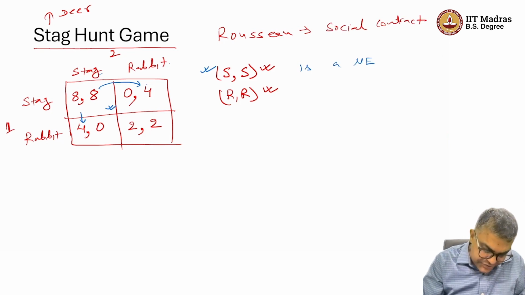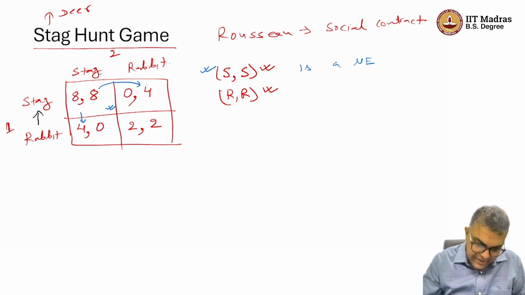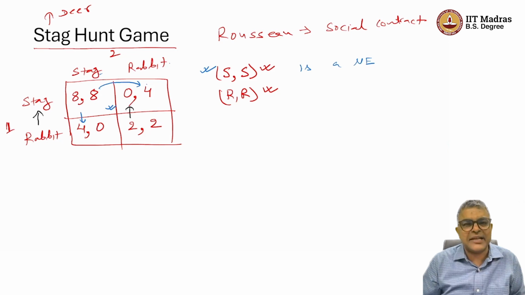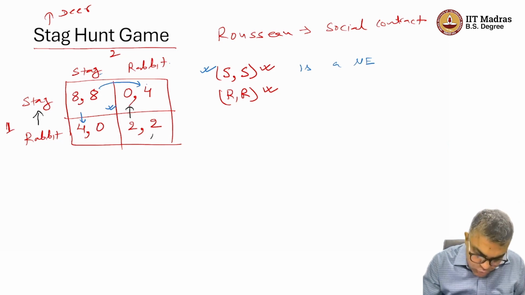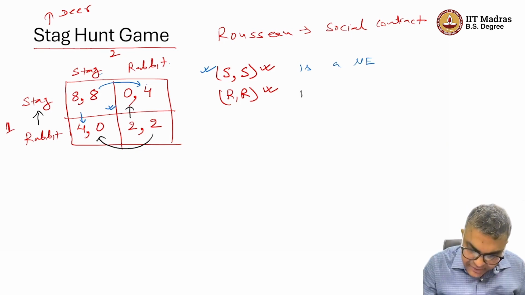Player 1 can change from rabbit to stag, but player 1 has to take what player 2 has given, and so changing will lead to a decrease in payoff from 2 to 0. How about player 2? Player 2 also changing will lead to a decrease from 2 to 0, and therefore none of the players have any incentive. So RR is a Nash equilibrium.